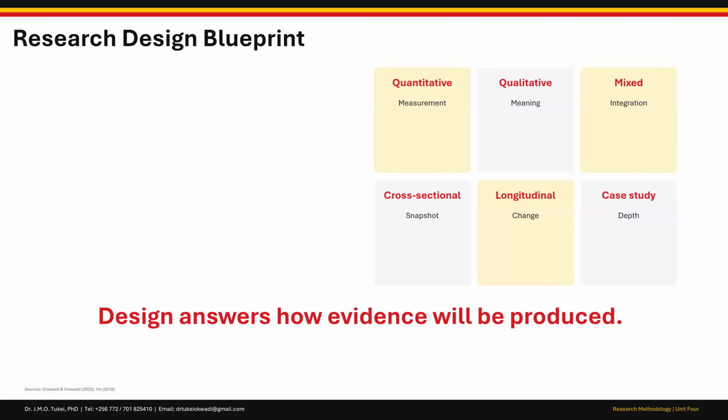Therefore, a poor research design choice weakens the credibility of the entire study. For example, colleagues, a descriptive design is suitable when the researcher wants to describe a situation, while a cross-sectional design is suitable when the researcher wants to examine association among variables.